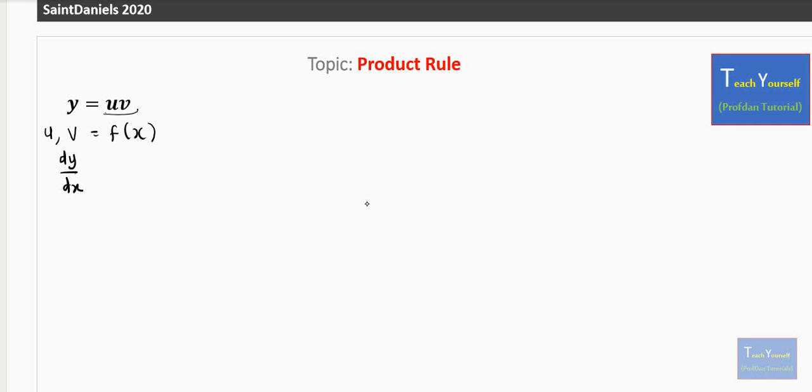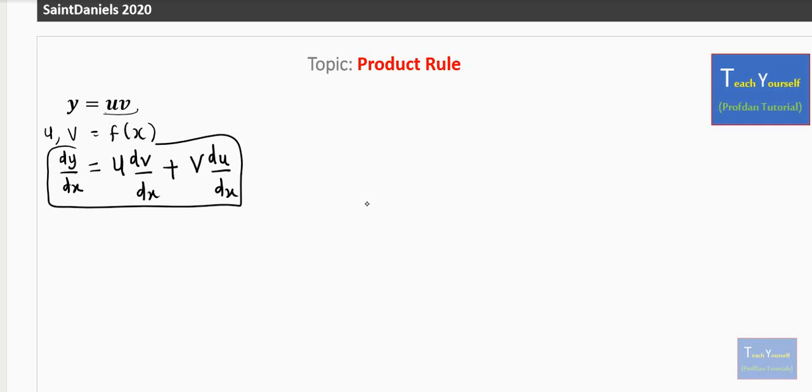First, I'm going to show you how to get this formula, which is u, the first variable, times the differentiation of the second variable, dv/dx, plus the second variable times the differentiation of the first variable, du/dx. So this is our product rule. This is how to apply product rule.